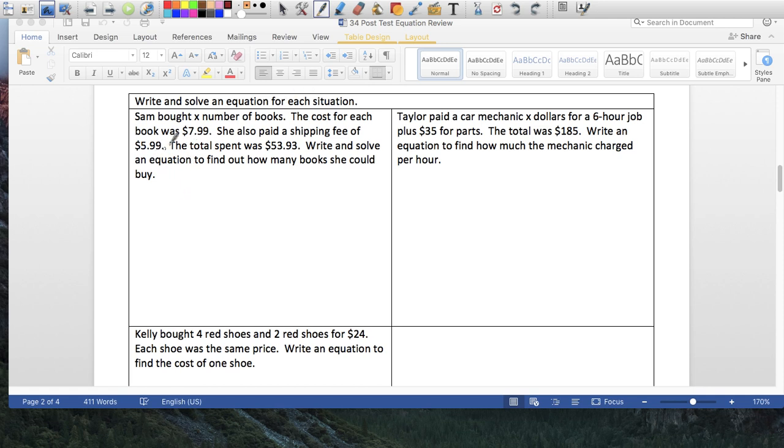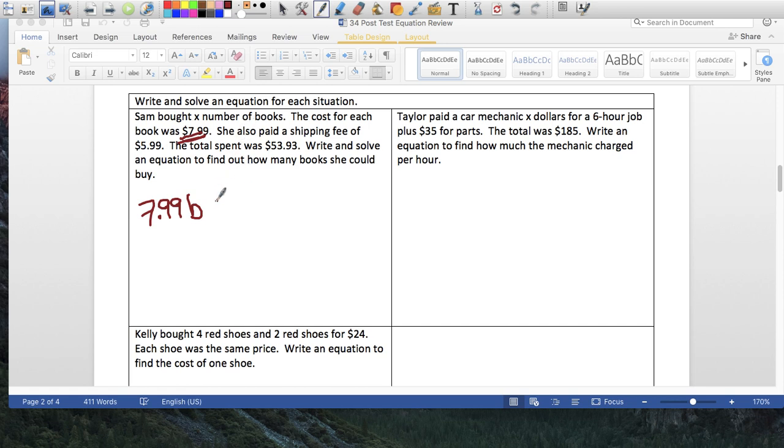So, how much was each book? $7.99. So, $7.99 times B, right? Representing the number of books that she bought. Plus, what else did she buy? She also has to pay for shipping fee, right? For the company to send the books to her.